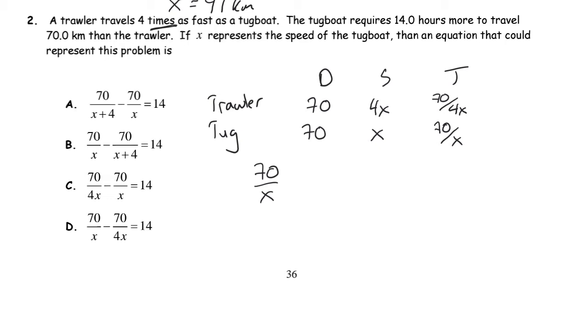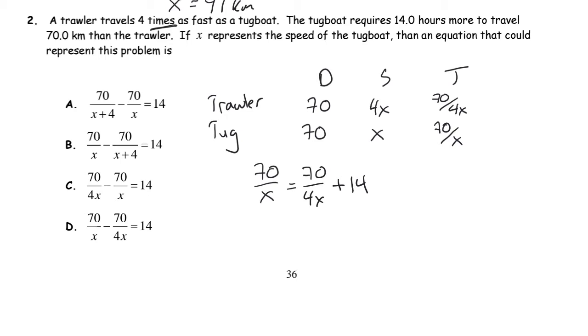The trawler gets there quite fast, and so as a result, it has to wait 14 hours for the tugboat to get there. I do not have to add the time to the tugboat. The tugboat has already got that time there. I have to add that time to the trawler, because the trawler got there a lot quicker. It got there in way less time. So there's a 14-hour difference. And so I hope that makes sense.